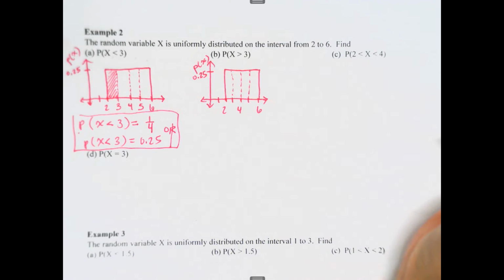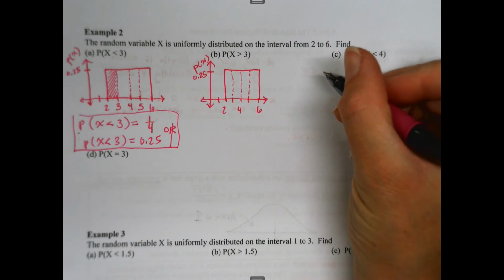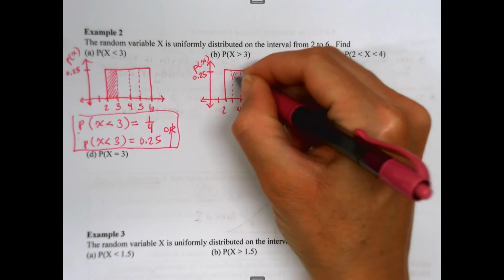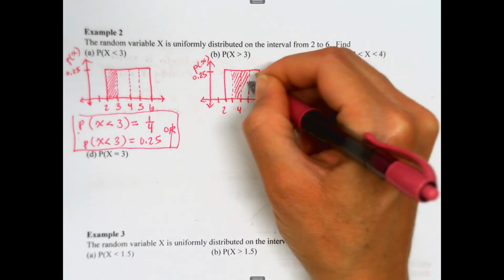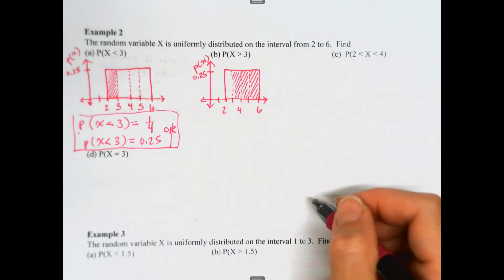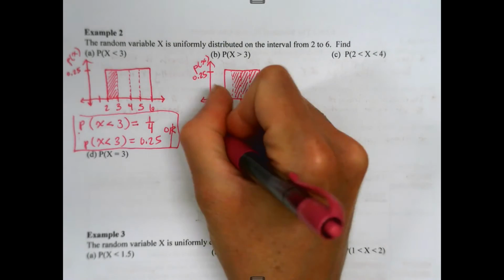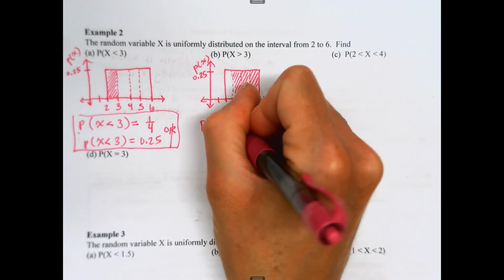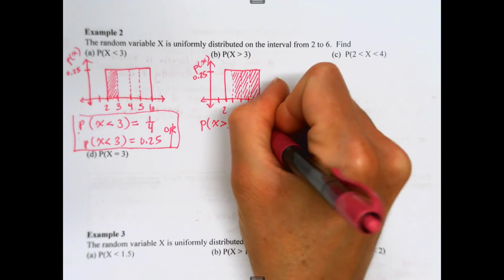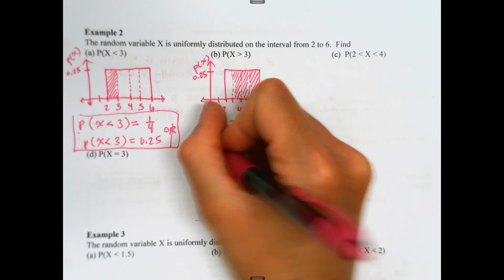That whole thing has to have a total area of 1. And now we want greater than 3. So we're talking about these 3 quarter-unit pieces. So the probability that x is greater than 3 is going to be 3/4, or we could say 0.75.